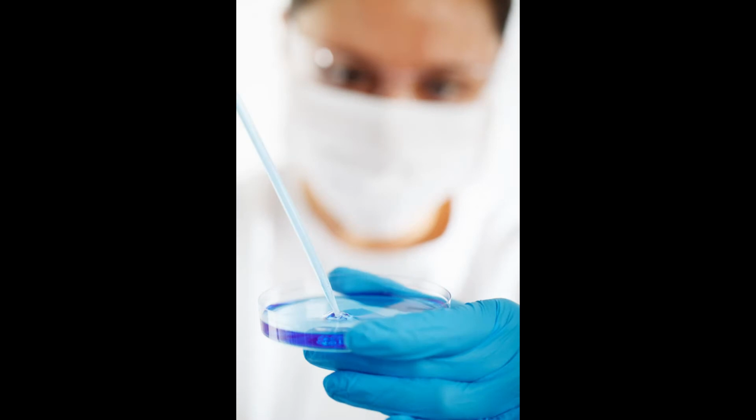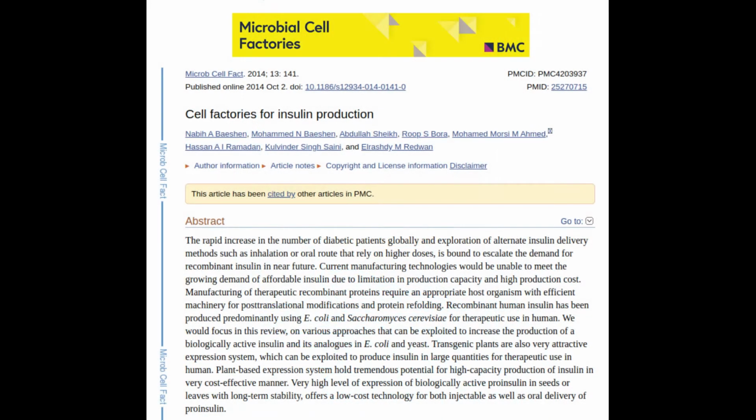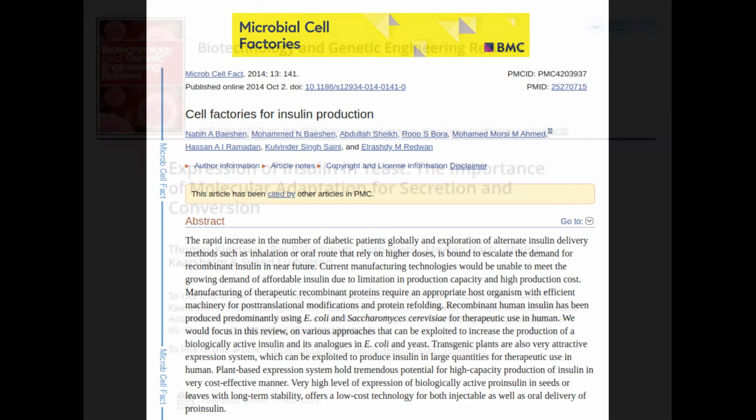Think how effective you could be if your product doubled in size every 20 to 30 minutes. This was the thinking behind the placement of genes that encoded the human insulin and the human growth hormone into E. coli between 1978 and 1979.